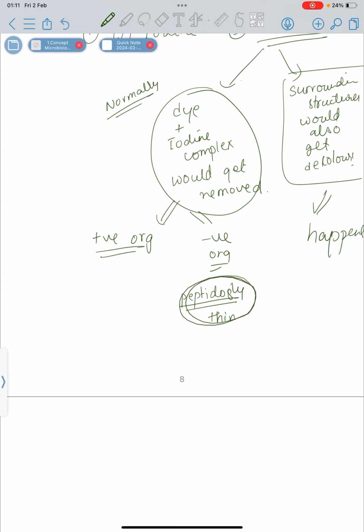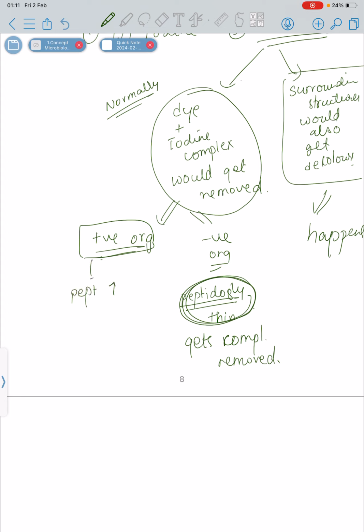Since it is very thin, this iodine and dye complex gets completely removed. But in the case of gram positive organisms, the peptidoglycan layer is very thick, so the dye plus iodine complex does not get removed.